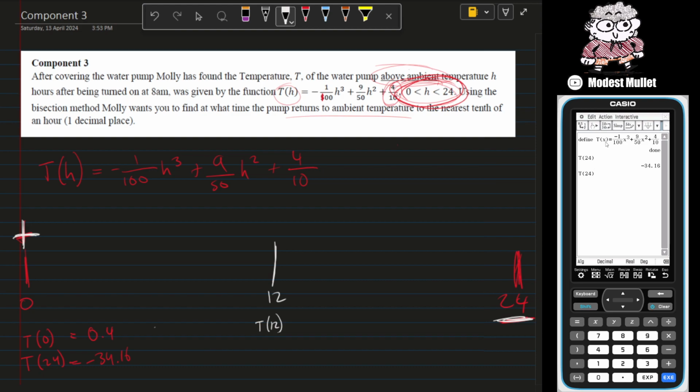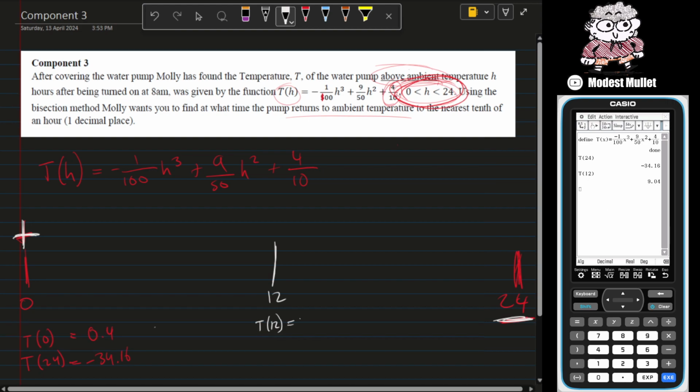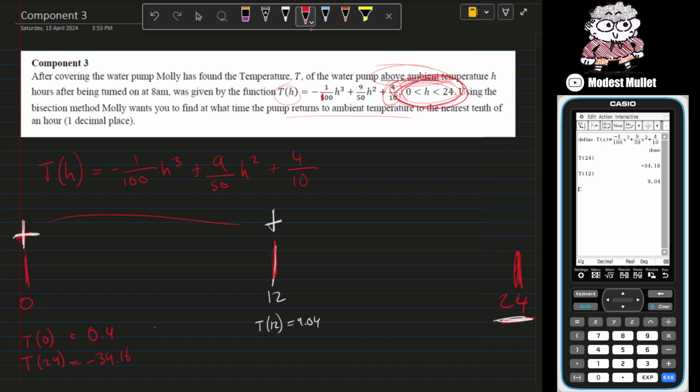T of 12 is 9.04. So it's still positive. We're still positive at 12, so our line is above the x-axis and down over here. So we split again. So halfway between 12 and 24 is 18.